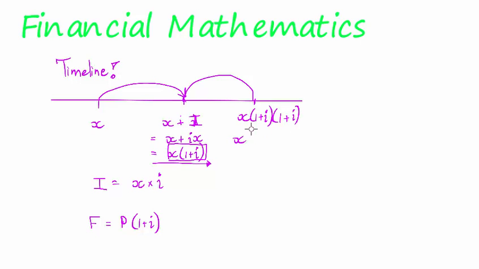So it is x(1 + i) to the power of 2, if it went on 2 periods. If it goes on a number of periods, that makes sense of why this will be (1 + i) to the power of n. Does that make sense? Where n just represents how many time periods passed.